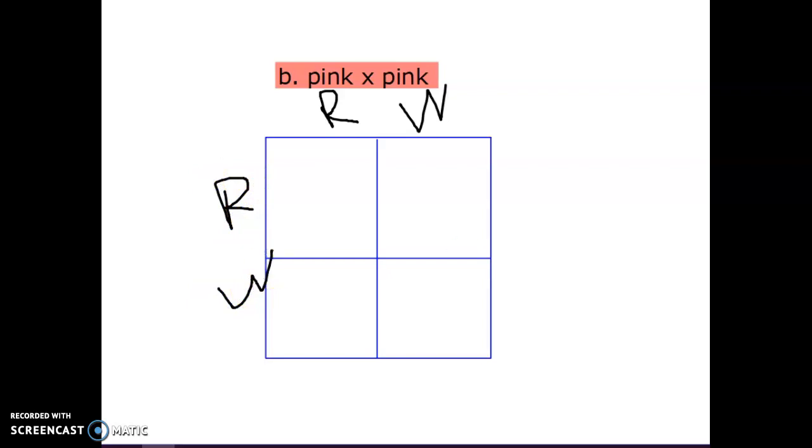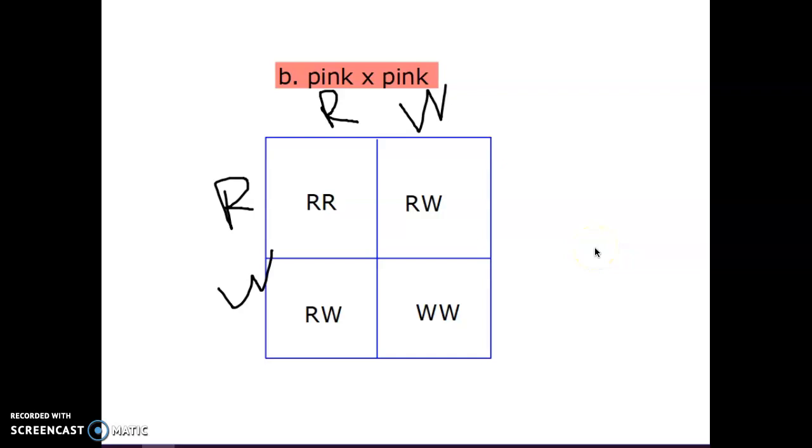Then when you start putting them in there, you get something very different. This one's going to be RR. We're going to have 2 that are RW, and then 1 that is WW. So 25% of your offspring should be red, 50% should be pink, and 25% should be white. I'm going to give you some problems to practice in a little while.